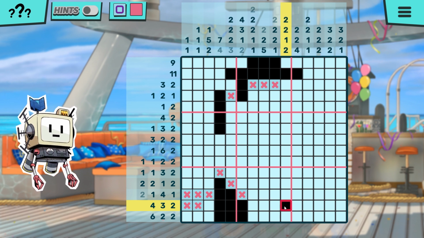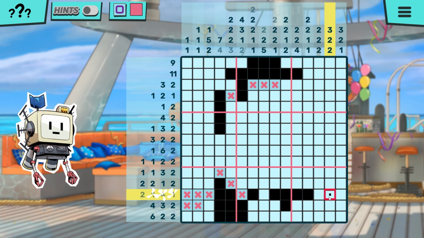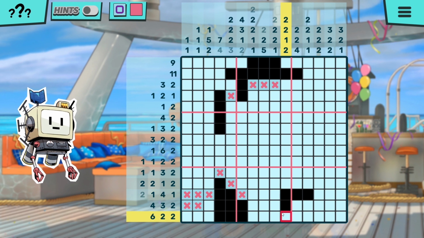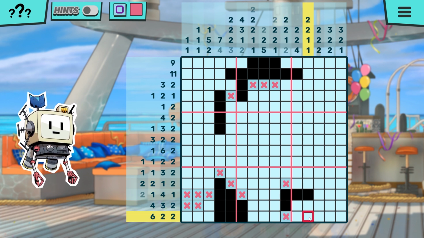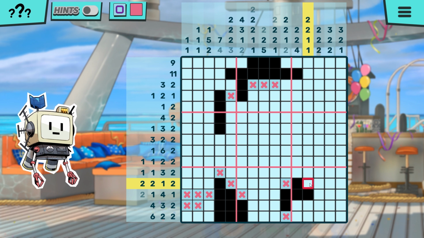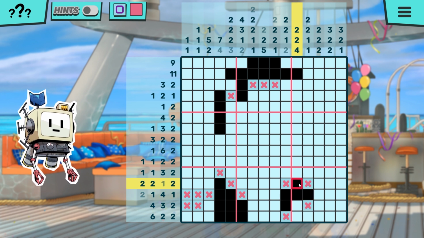Two-point swing, that's there. One-point swing, that's pretty good. Which means we know that's there. That's got to be part of the 4 there. This has to be a 1.